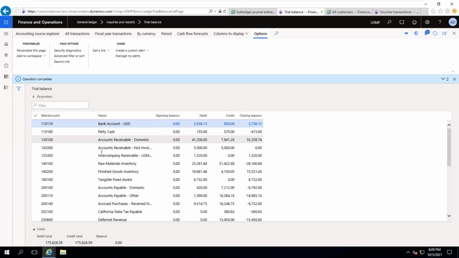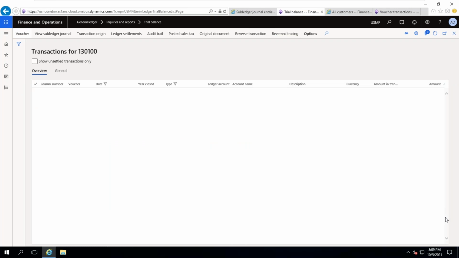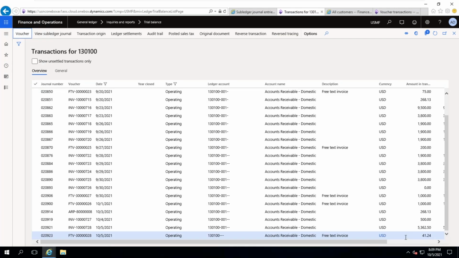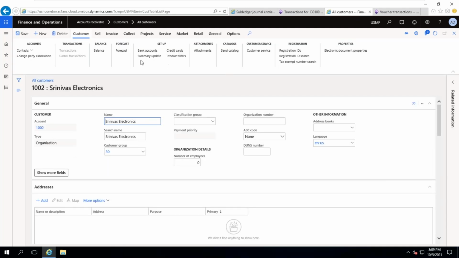So now look at this one, 130,100. It was updated with that amount, $41.24. And if you verify the customer balance, if you refresh, then it will show the transactions buttons will be enabled, because just now we have posted one transaction.